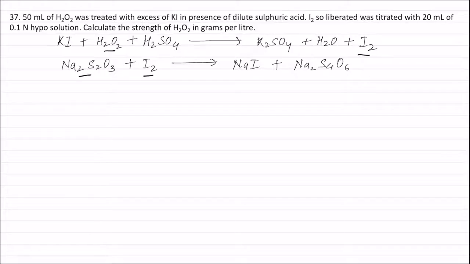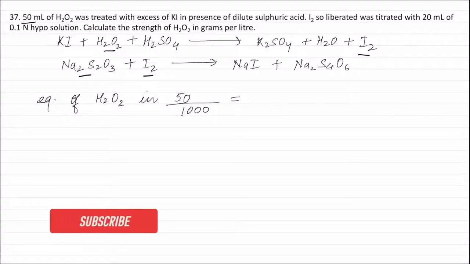Now the volume of H2O2 taken is 50 milliliter. Since the volume is in milliliters, the number of milli-equivalents of H2O2 will be equal to number of milli-equivalents of hypo solution, or equivalence of H2O2 in 50 by 1000 liters will be equal to equivalence of Na2S2O3.